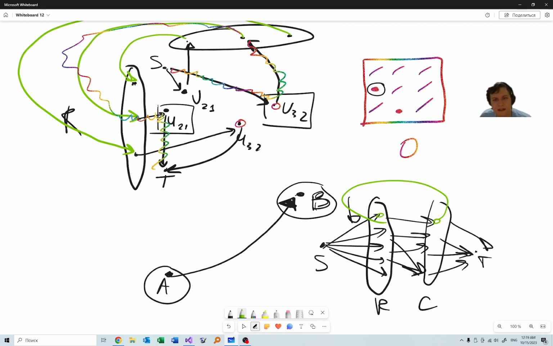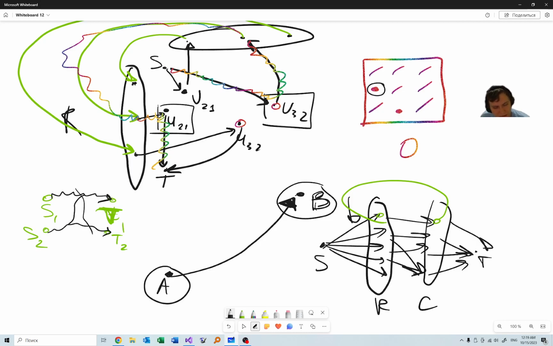Okay, this seems like the following problem. We have several pairs of sources and sinks. And we need to find the maximum flow such that from S1 it goes to T1 and from S2 it goes to T2.